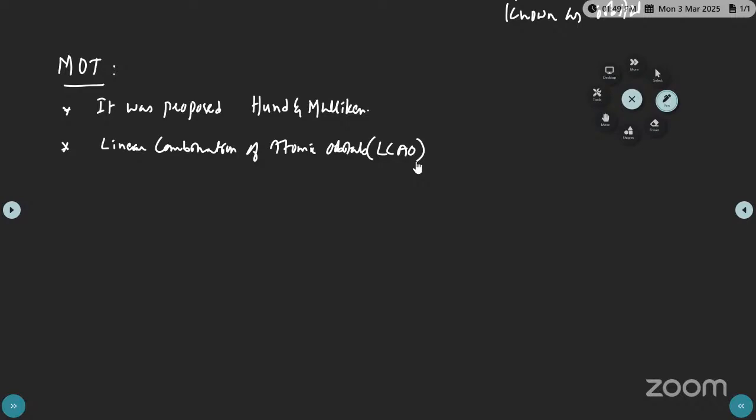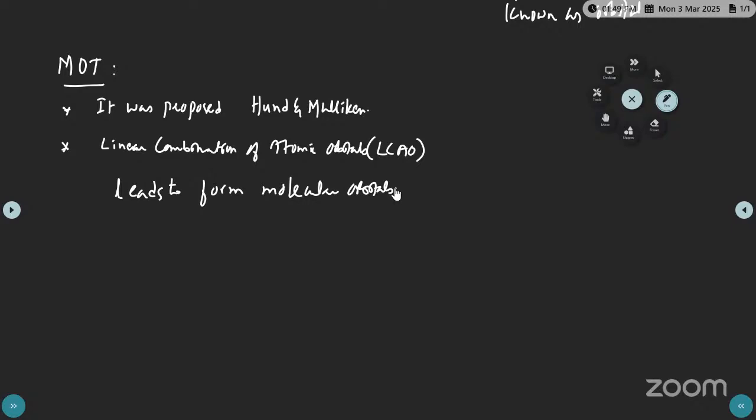What is LCAO? Linear combination of atomic orbitals leads to the formation of molecular orbitals. How are the molecular orbitals formed? By the overlapping of atomic orbitals, molecular orbitals are formed.